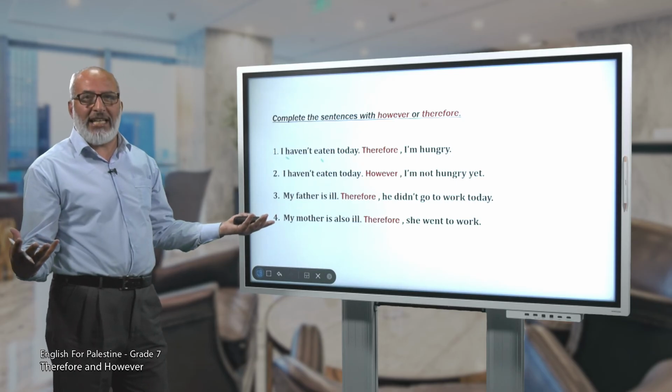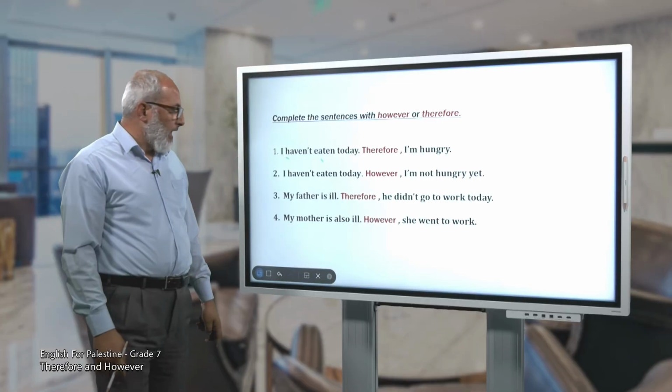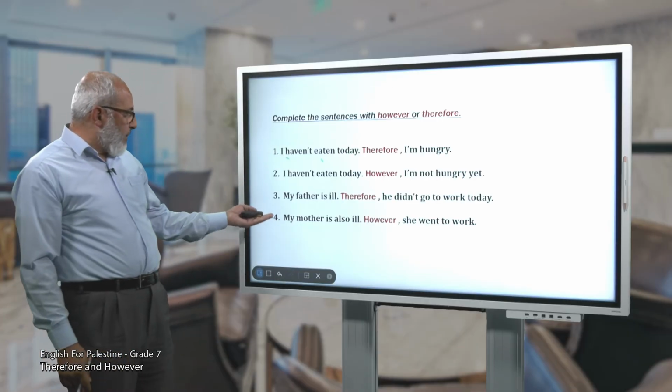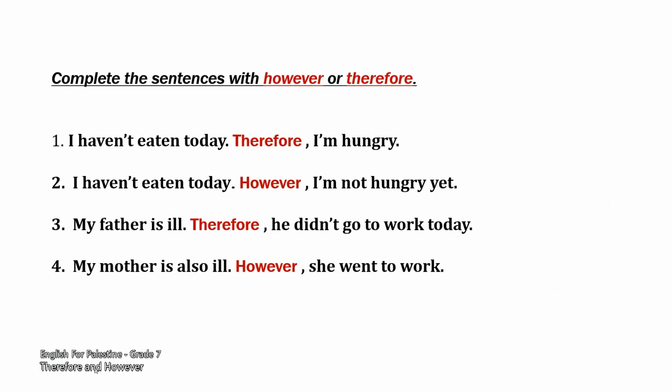Two contrasting ideas. Number 3, my father is ill. For that reason, therefore, he didn't go to work today. Okay, if we look at number 4, my mother is also ill. She went to work. Two contrasting ideas, so we use however.